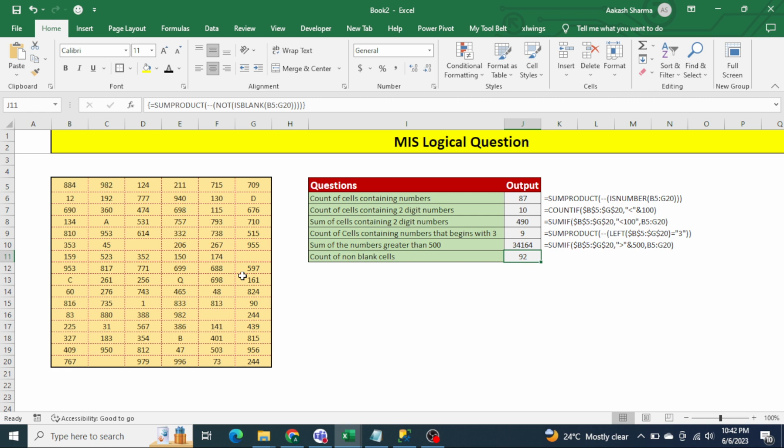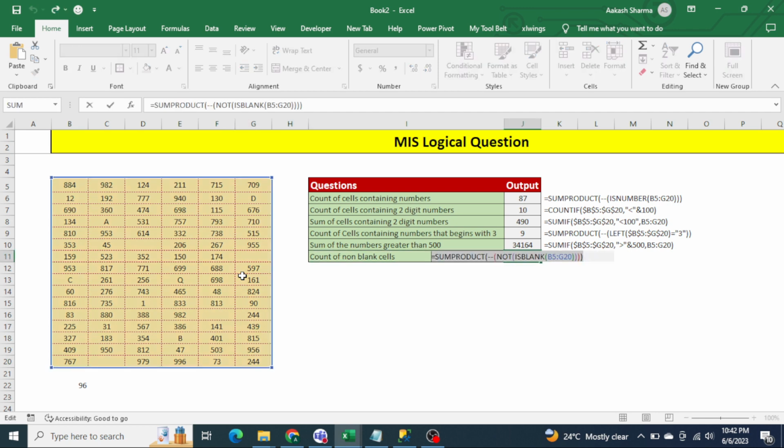There are 92 values. If you count the total, 6 into 16, or 16 into 6, it would be 96. There are some blank values which are excluded, and because of that it is coming to 92.